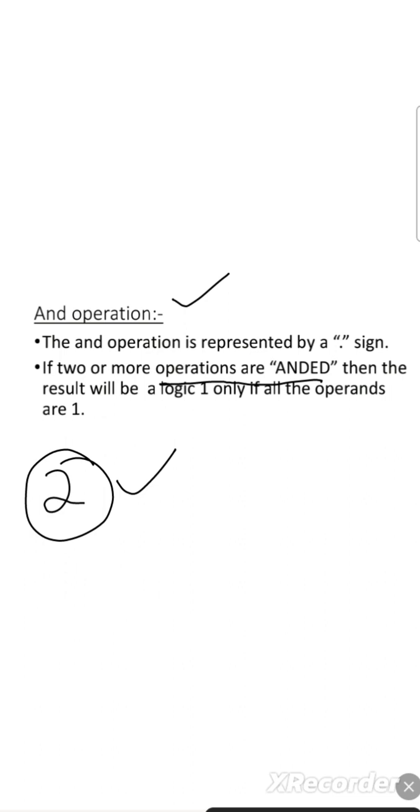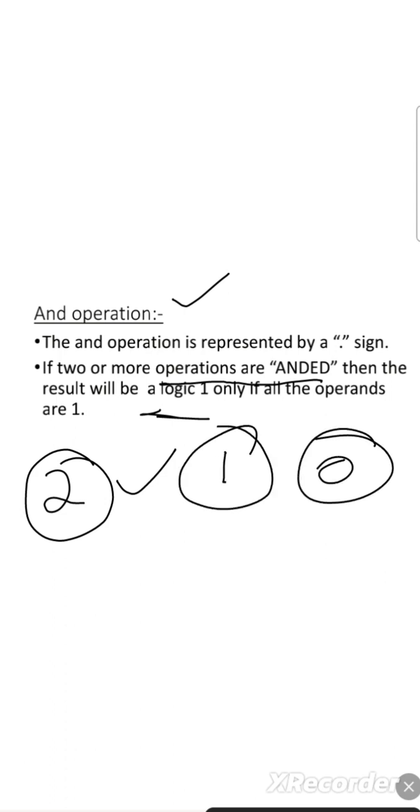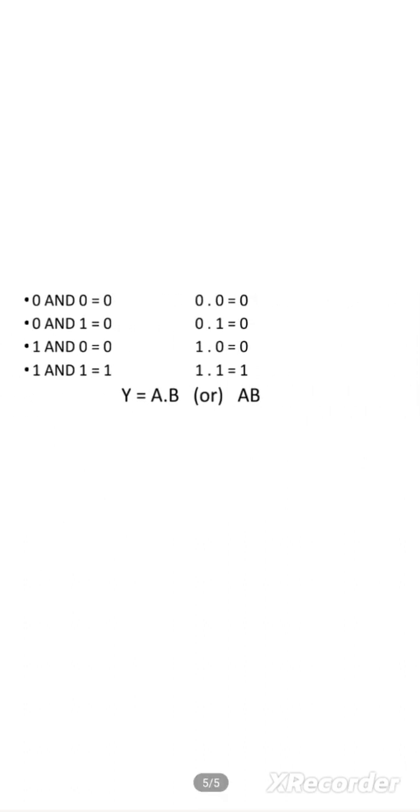There are two logic levels: one is logic 1 and the other is logic 0. And here we have at least two operands. That means these are the two inputs and the output will be 1 or 0. So let's see an example.